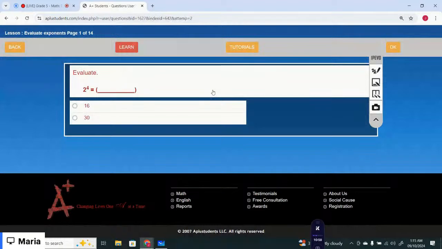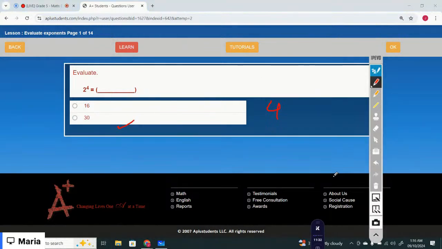Okay. The next one is 2 exponent 4. What do you mean by 2 exponent 4? That means you need to multiply 2 how many times?